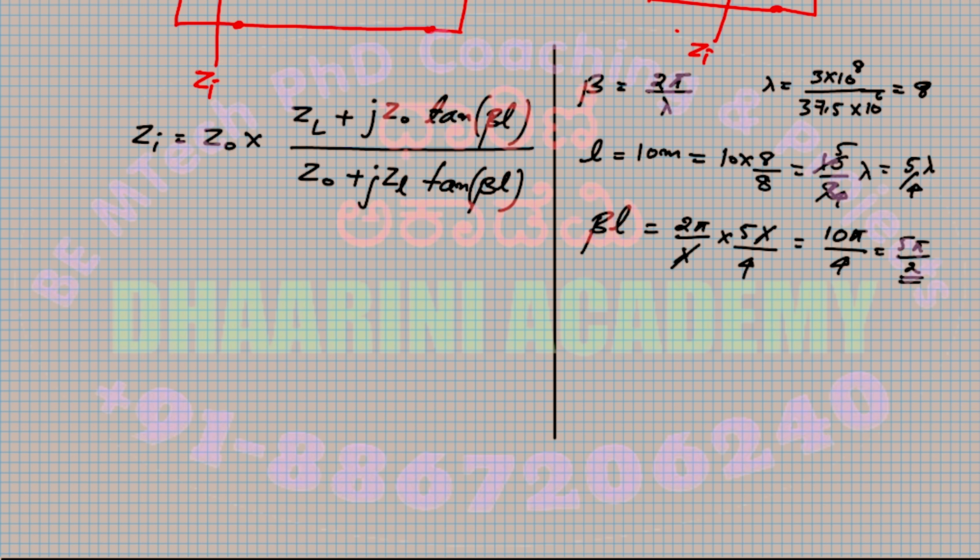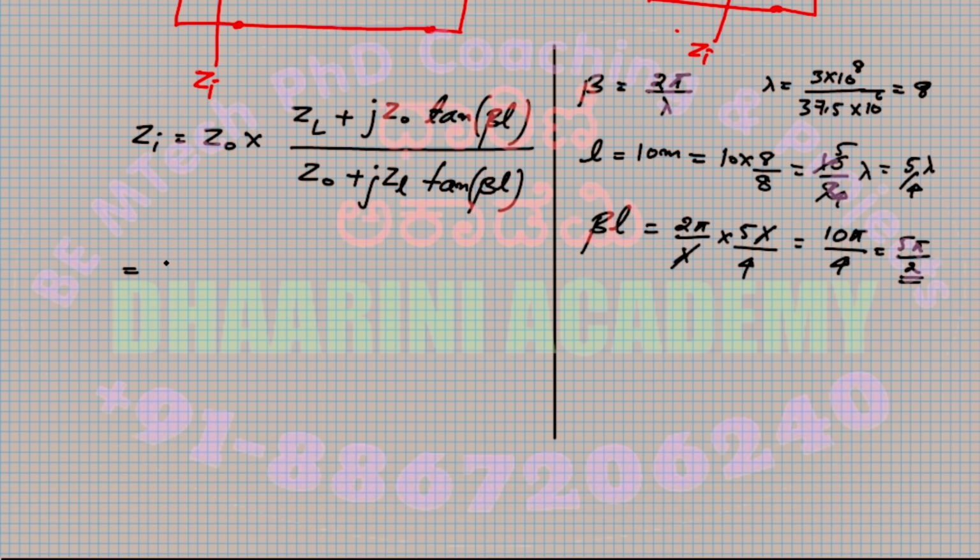Otherwise, you can substitute beta, get a value of beta, and multiply that by 10 because L is 10. Yes, that's another way. So let us substitute all the values here.